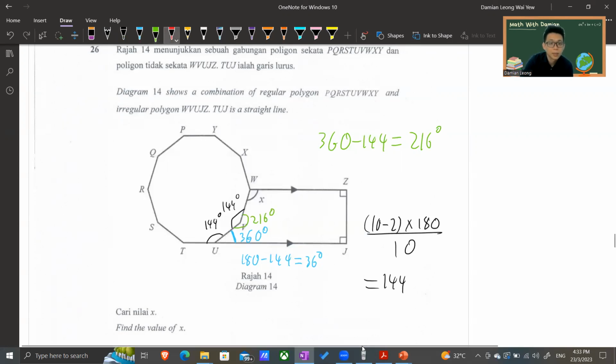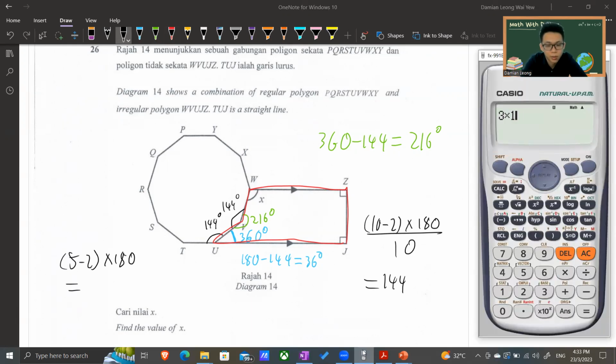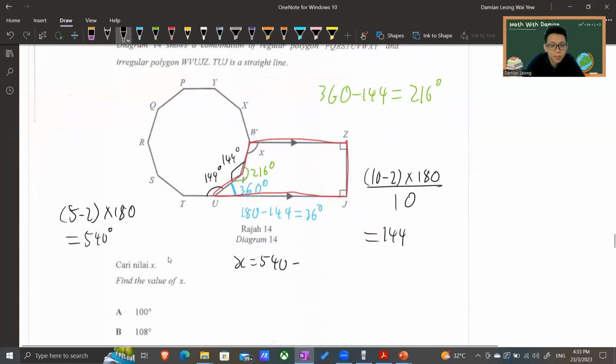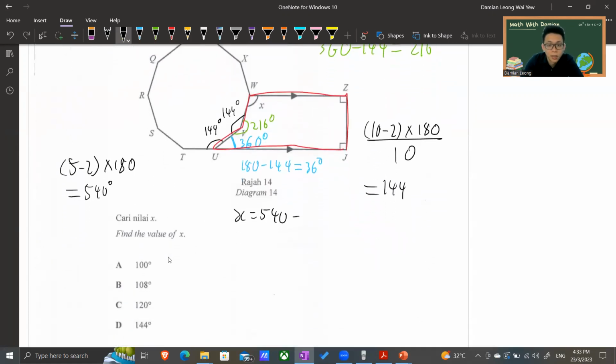Yeah. Then I can actually use this irregular pentagon. Okay, 5 sides. Total interior angle 5 minus 2 times 180. So 3 times 180, 540. Total 540 degrees. Means X, I can take 540 minus all the other angles.